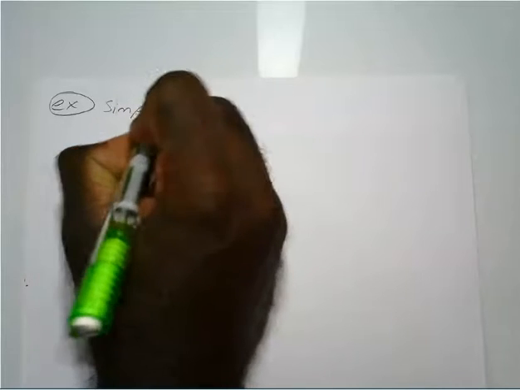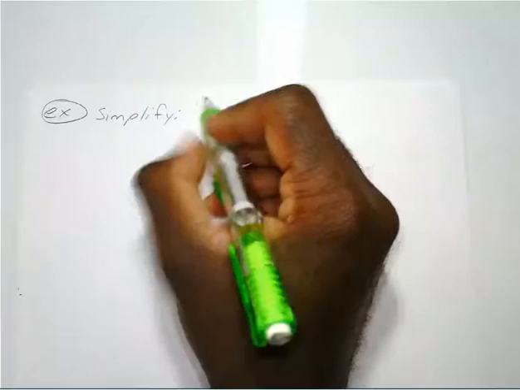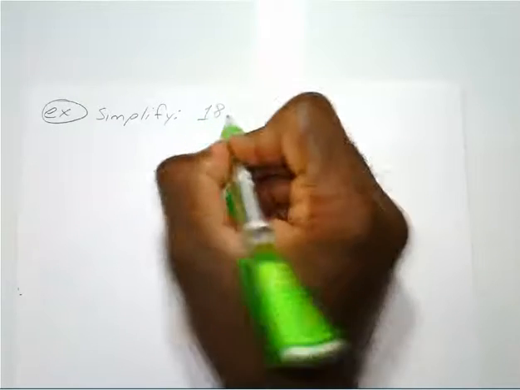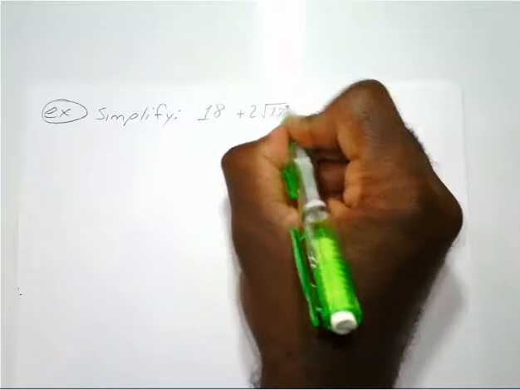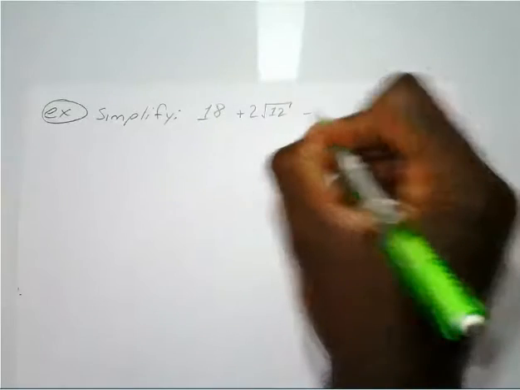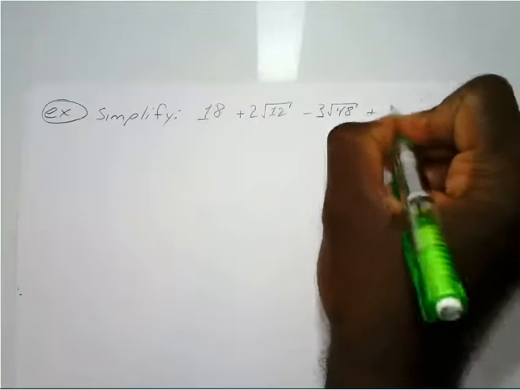Okay, so let's say, for example, if we wanted to simplify, say 18 plus 2 square root of 12 minus 3 square root of 48 plus 9.